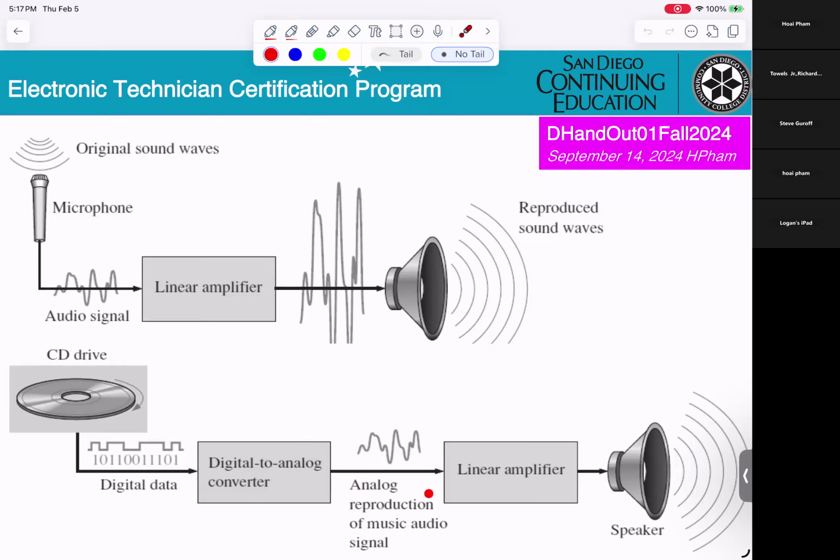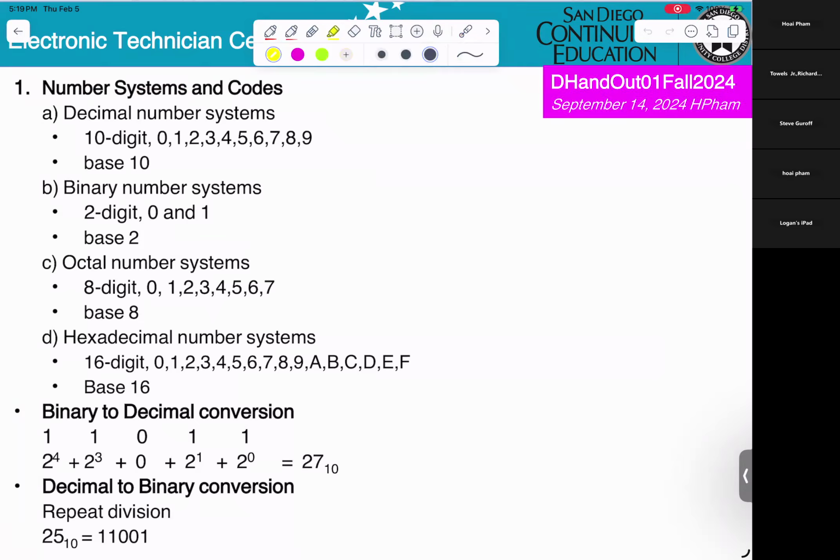Okay, so the first thing we go to is the number system and the code. First thing we're talking about is the decimal number. Decimal number is used for humans.